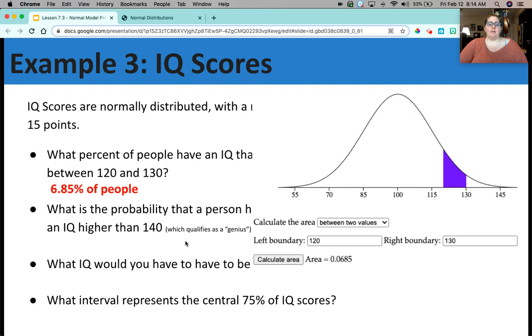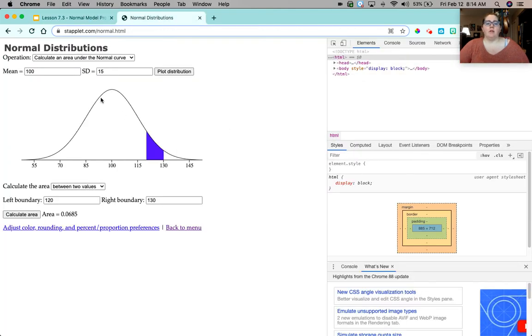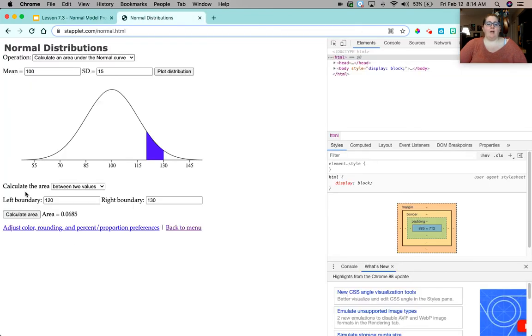The next question says, what is the probability that a person has an IQ that is higher than 140, which would qualify as genius? So for this one, I'm still going to be calculating an area because I'm asking for a probability, so I don't have to change that up there. And then this time I want greater than, so I'm going to say to the right of a value, and then I'm going to change that value to 140 because I want greater than 140.